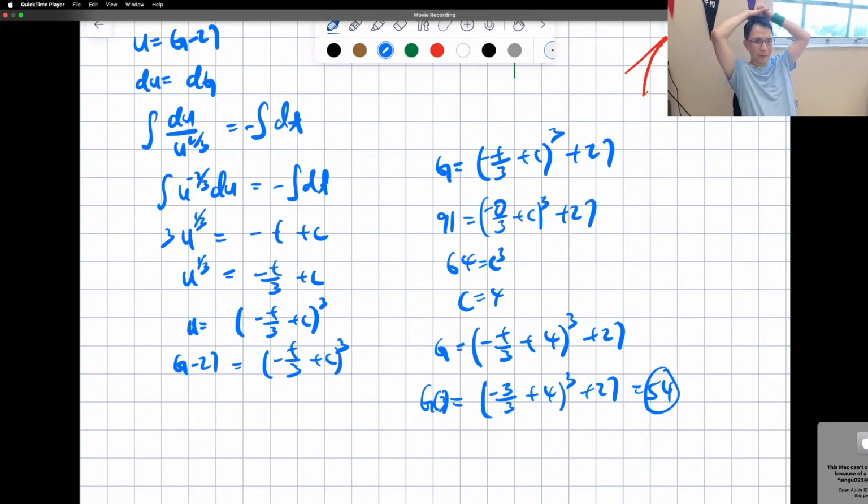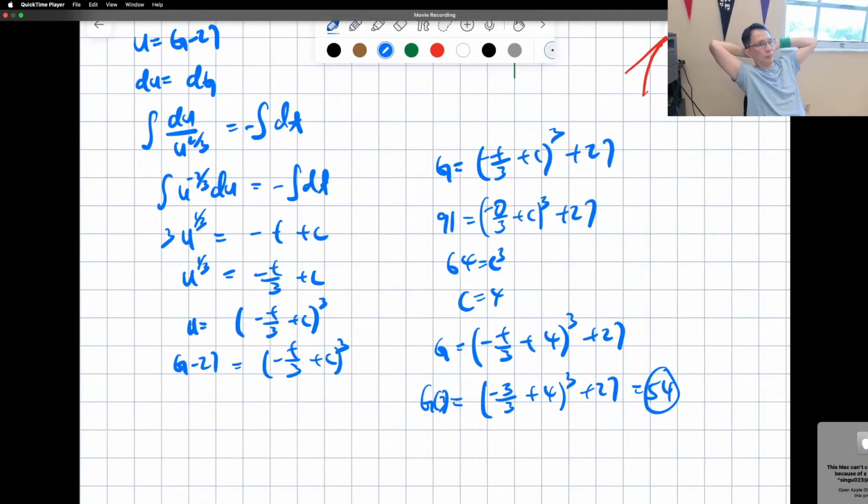Is that okay? Yes. I got the same answer too, 54 for the end. But for C I got 12, because when you did negative t over 3 plus c, I did negative t plus c over 3. Which is fine, because it only matters after the initial condition.